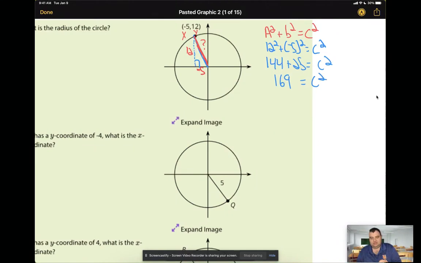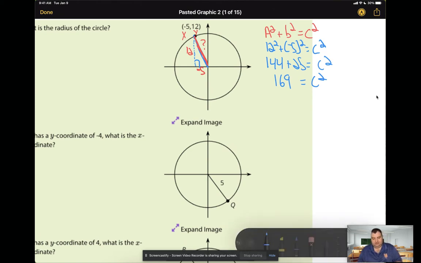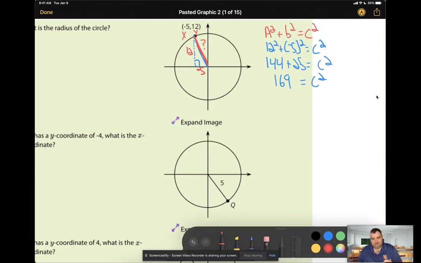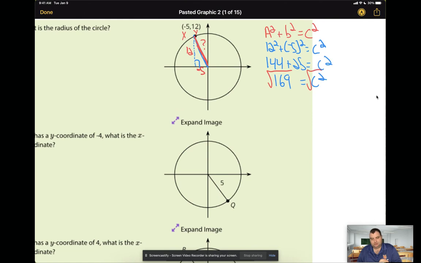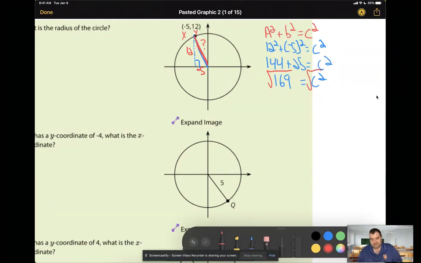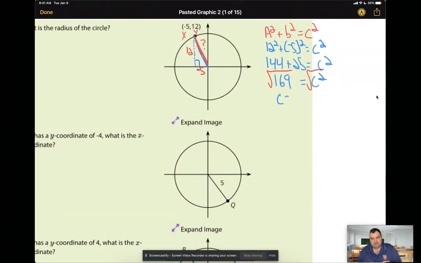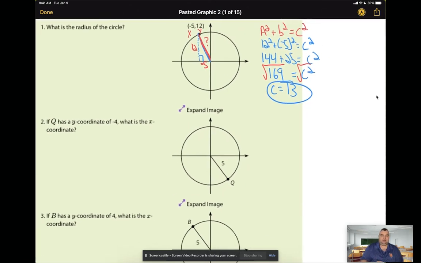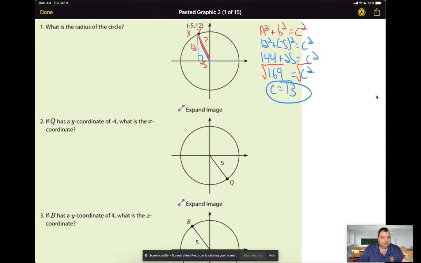So I have c squared equals 169. And now I can solve this for c by taking the square root of both sides. And if I do that, I end up with c equals the square root of 169, which is 13. So to answer the question for number 1, what is the radius of the circle? The radius is 13. Okay?